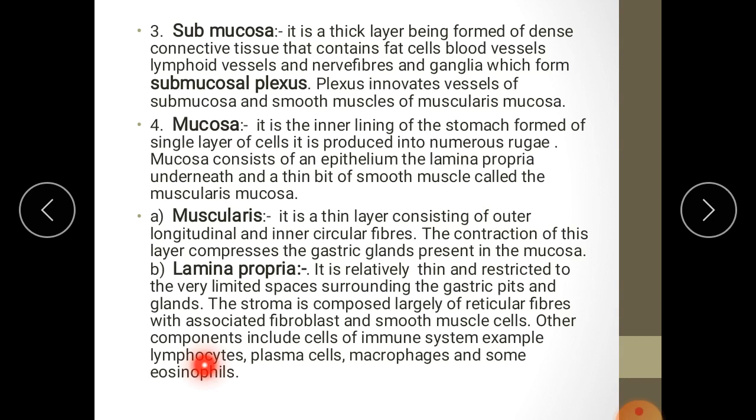They help in killing the foreign bodies. Macrophages are derived from monocytes. Some eosinophils are also there. These are types of what? WBCs, white blood cells. That's about lamina propria.